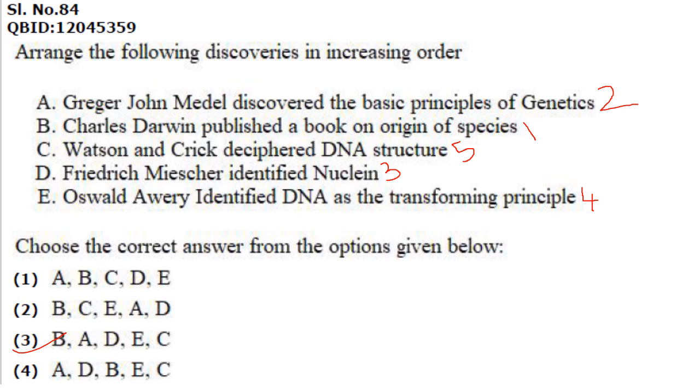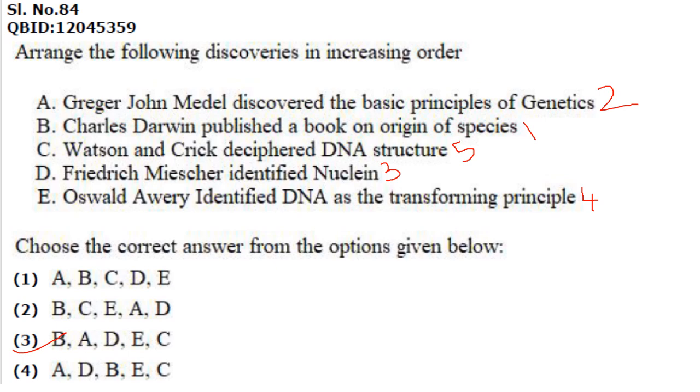Charles Darwin published a book on origin of species. So that is first one. Then comes Gregor Johann Mendel with the principles of genetics: law of segregation, independent assortment, purity of gametes, everything. Then later Friedrich Miescher identified nuclein. So that is the third one.